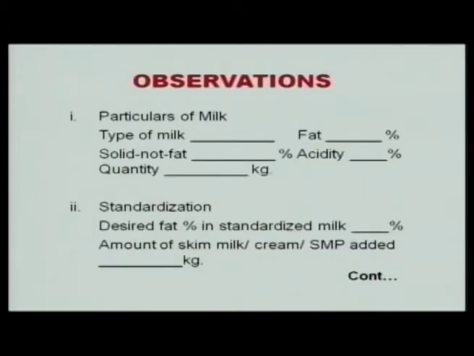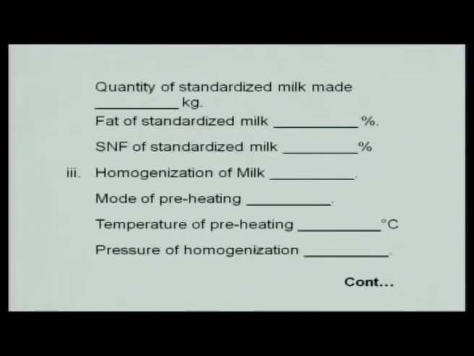Similarly, for the Mishti Dahi, you see the production chart. Its observations are basically the type of milk, then we take the solids-not-fat and quantity, then standardization, what is the fat percentage, what is the amount of skim milk required.